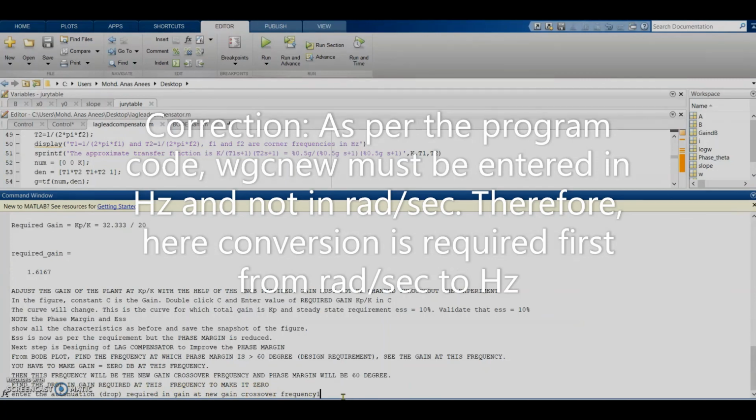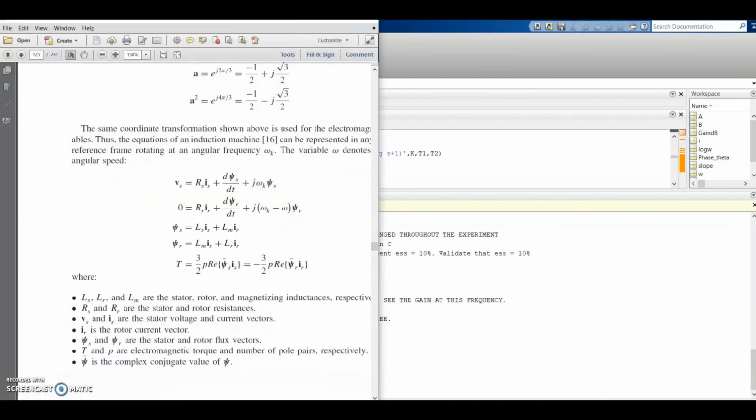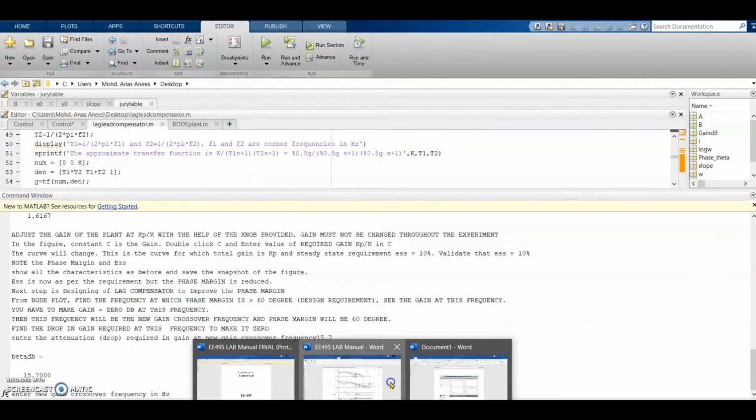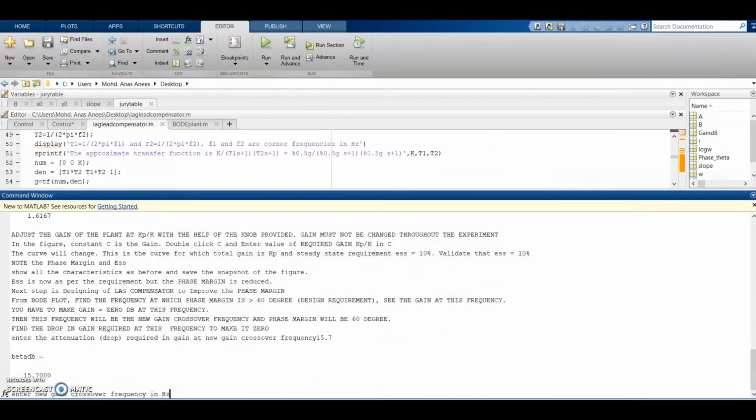So attenuation required is 15.7, right? Because at 60 degree phase margin we have seen that this is 6 point something, and the attenuation required, that is this much, is 15.7. So if this point goes to here, then this will be our new gain crossover frequency, and our phase margin will be 60 degree.